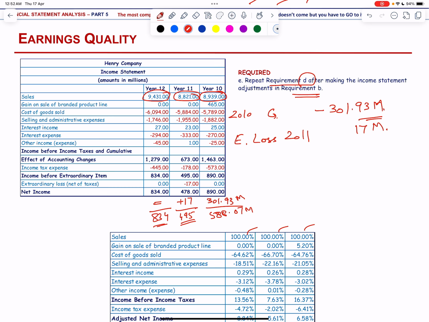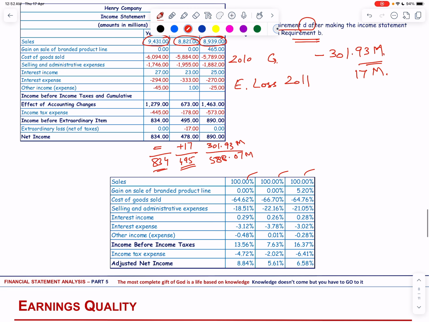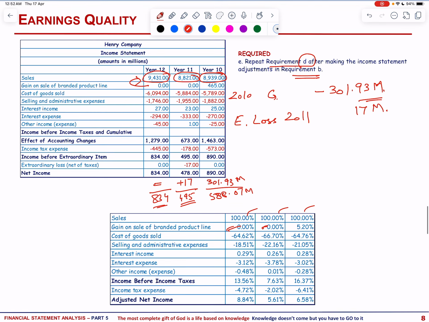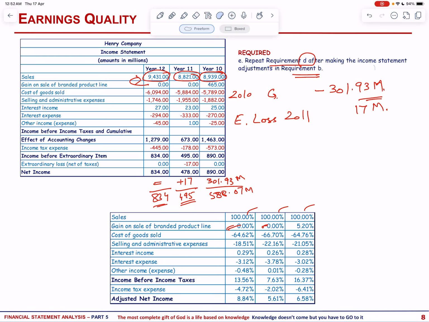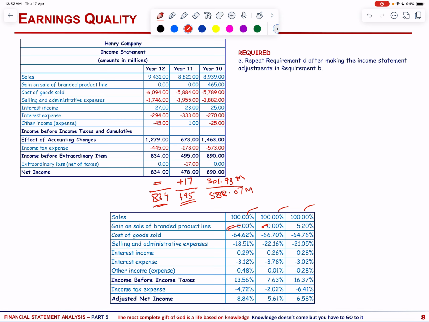Then the rest of these values are in terms of sales. Obviously 0 divided by the sales gives us 0, and 465 divided by 8939 will give you 5.2%.